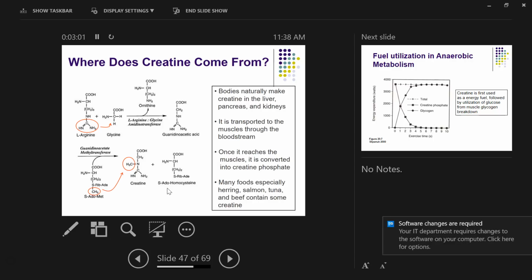Once creatine is made in the liver, pancreas, or kidney, it is transported to the muscle, phosphorylated, and stored in the muscle. So our body can make creatine from amino acids, and it can also get it directly from the diet. Some foods have a higher amount of creatine, like beef, tuna, and salmon.